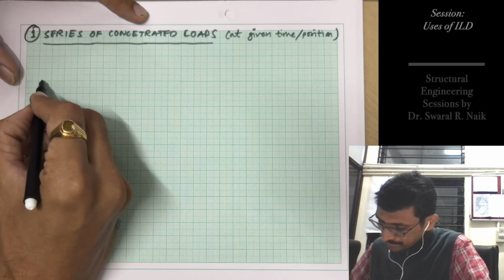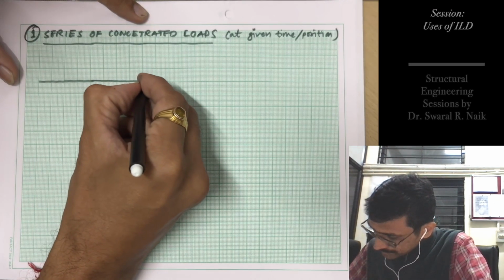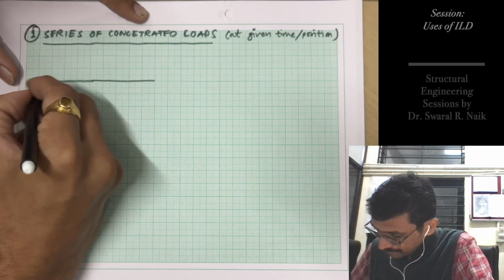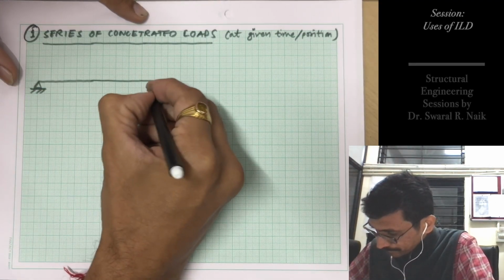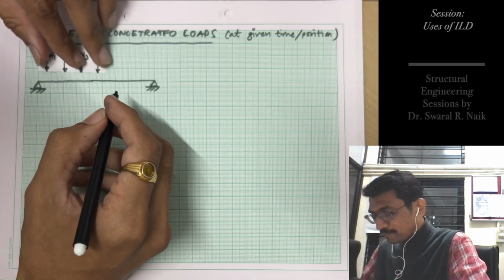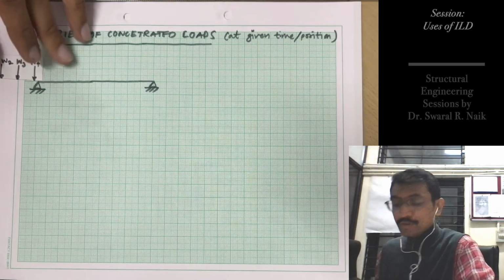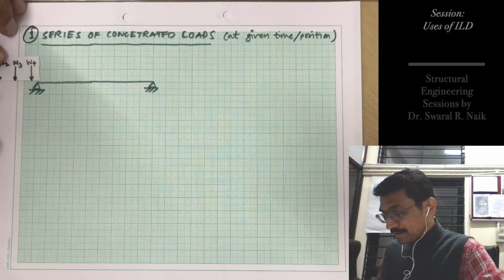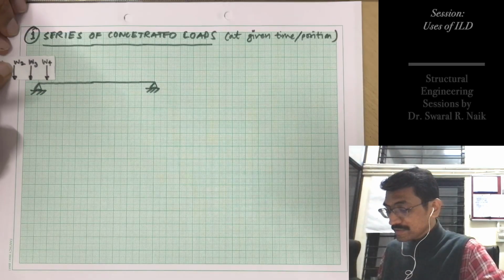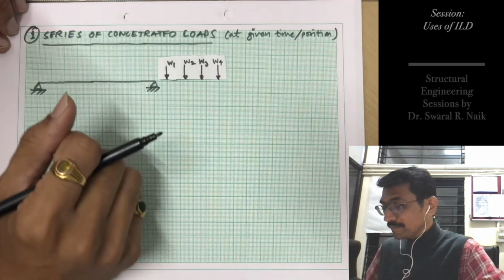So this is my simply supported beam, right? Now I have this series of point loads. I hope you are able to see. Earlier all the point loads are outside the beam, and slowly they will start moving from left to right and they'll pass through the beam.